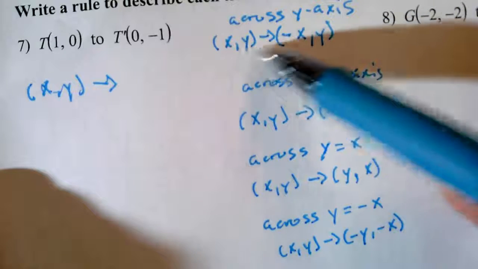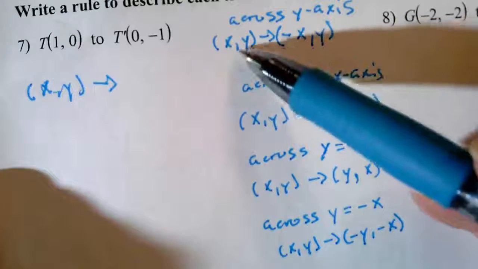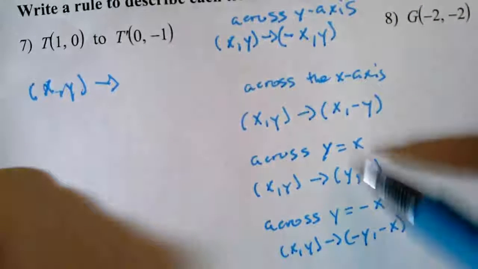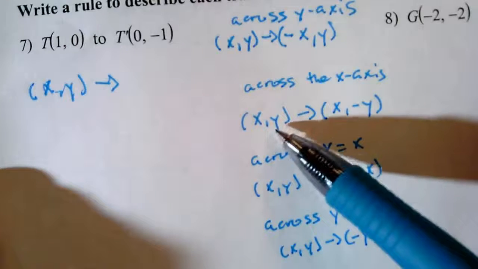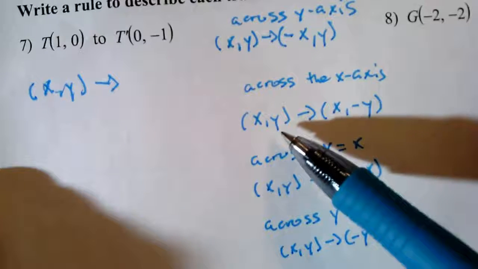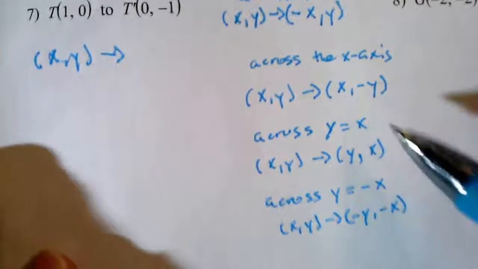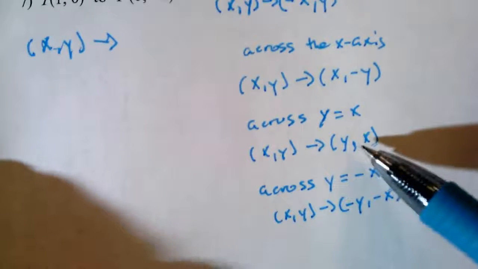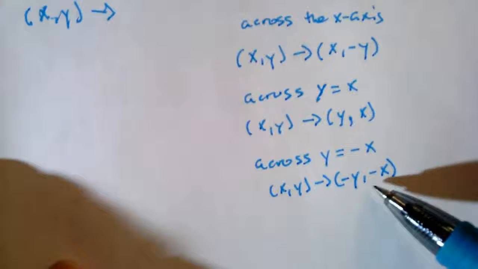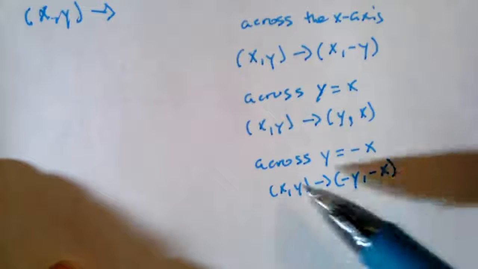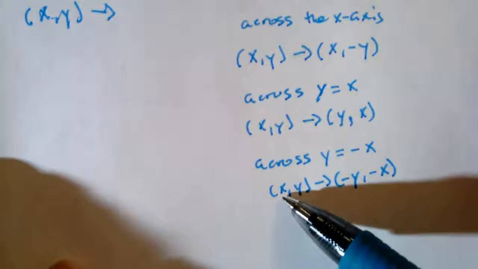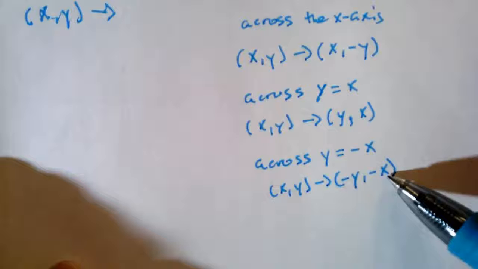So, for example, +5 would become -5, but -5 would become +5. Same deal here. If the y-coordinate were 2, it would become -2, but if the original y-coordinate were -2, it would become +2. The sign changes. That's what this rule means. Here, it just means that they flip. And here, it means that you flip them and they both change signs. So if the original x were -2, then the new y-coordinate would be +2. It would change sign and move into the other coordinate's position.